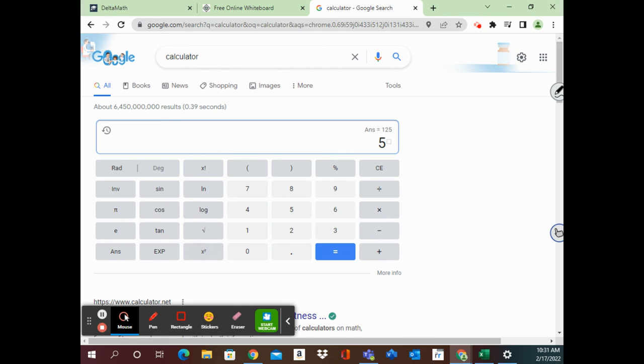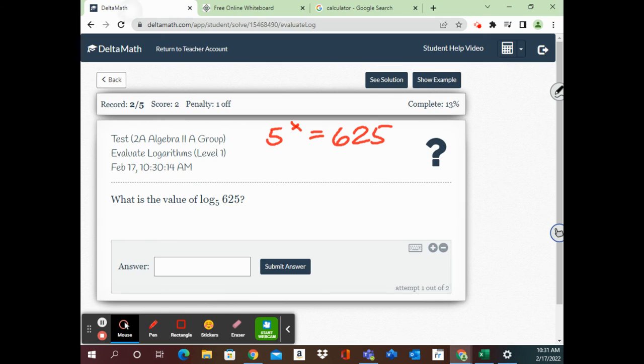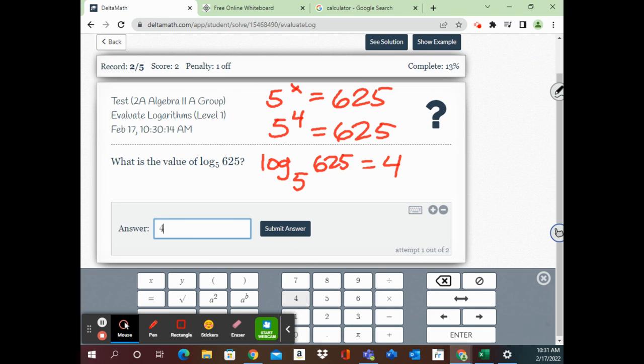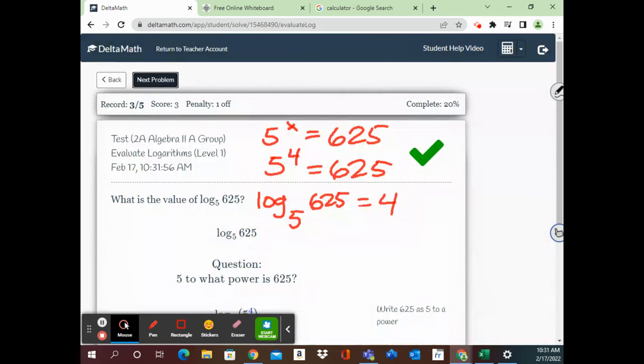So 5 to the 4th is 625. Our answer here is 4, because 5 to the 4th power is equal to 625. That means log base 5 of 625 is equal to 4. Then I type in 4 as my answer, hit submit, and it tells me I'm correct.